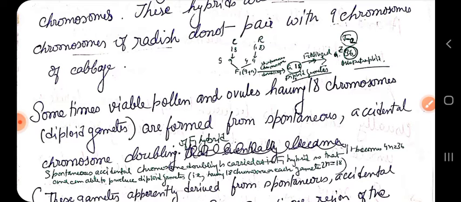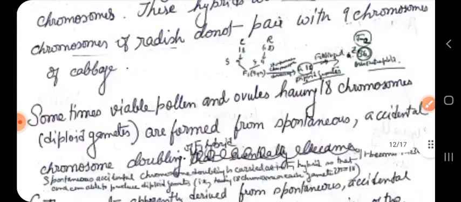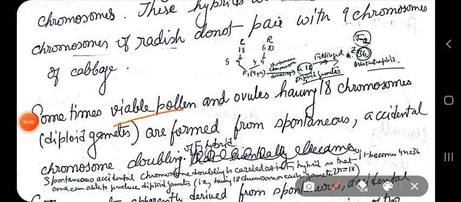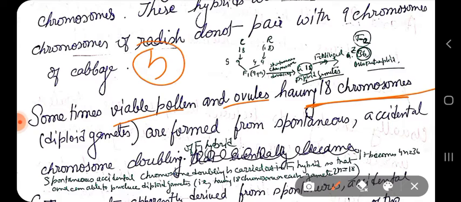Sometimes viable pollen and ovules having 18 chromosomes, that is diploid gametes, can be achieved from spontaneous accidental chromosome doubling of the F1 hybrid. So the pollen and ovules have 18 chromosomes; the n becomes 2n.